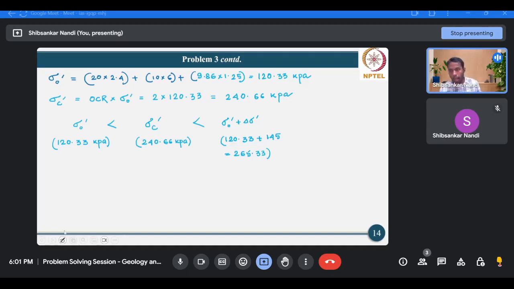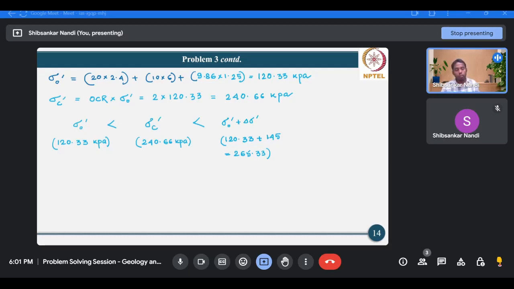Now accordingly we have to modify the primary consolidation settlement equation as we mentioned in the very beginning. The equation which we used for the previous two problems was valid only for normally consolidated clay, but since the soil is over consolidated clay, we have to modify the equation a little bit.